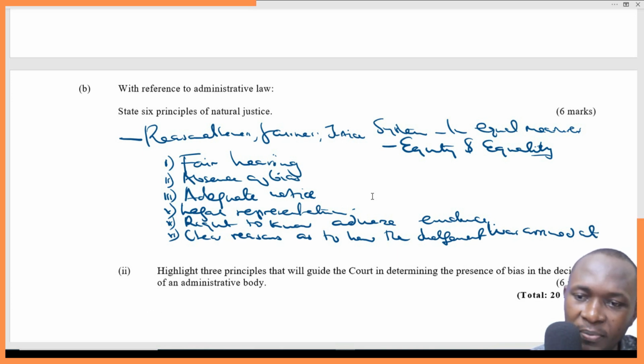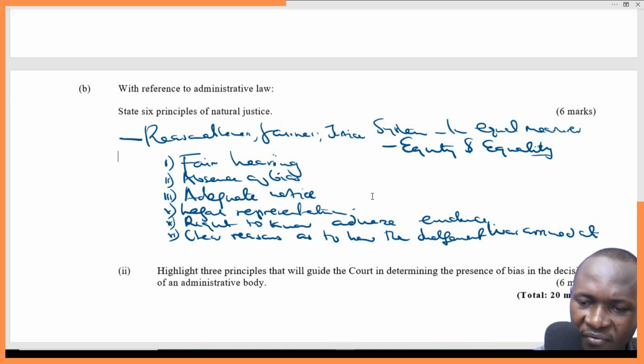That can also come in as one of the key principles of natural justice. It's all about involving all the parties and making sure that there's no room for bias, no room for unfairness, no room for one of the parties' rights being infringed on.